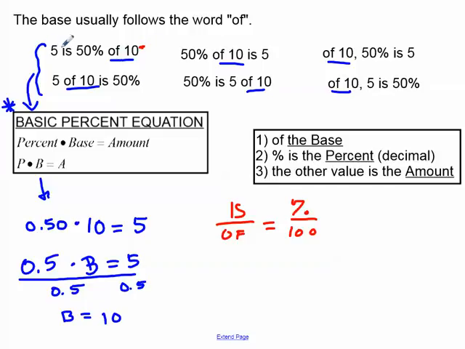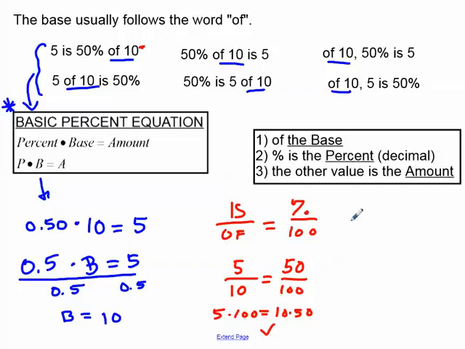Well, 5 is, so the 5 goes into the is spot. Of 10 goes right here. Of 10 equals 50%. 50% goes right there over 100. And from here you'd cross multiply. 5 times 100 equals 10 times 50. 500 on the left equals 500 on the right. Sure enough, that's a true statement.